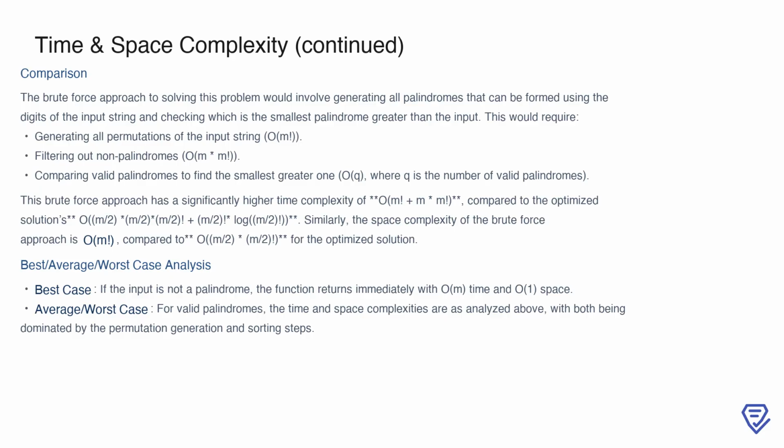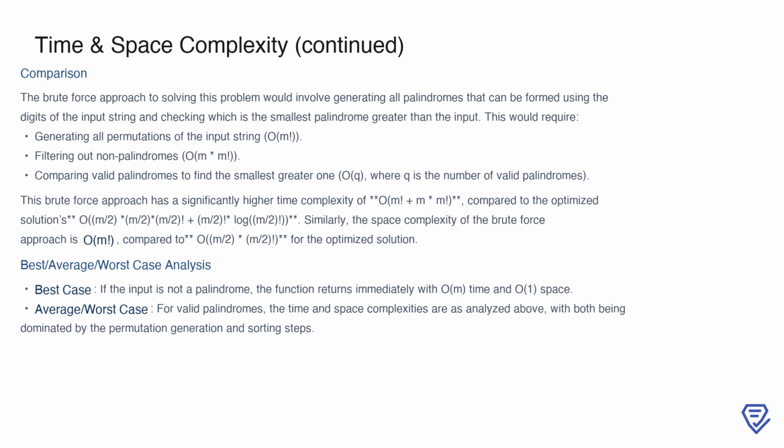This results in a total time complexity of m! plus m*m! for the brute force method, which is significantly higher than the optimized solution's m/2 * (m/2)! * m/2 plus (m/2)! log (m/2)!. Similarly, the space complexity of the brute force approach is m! compared to m/2 * (m/2)! for the optimized one.